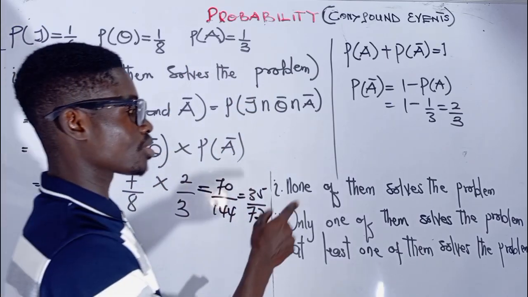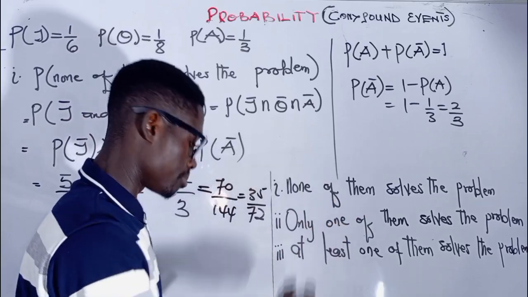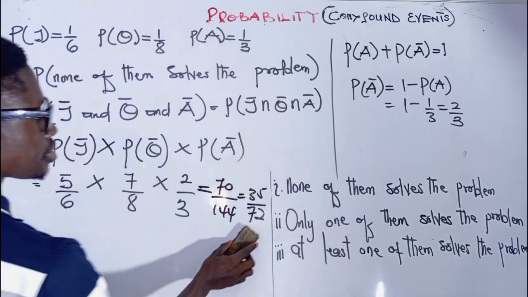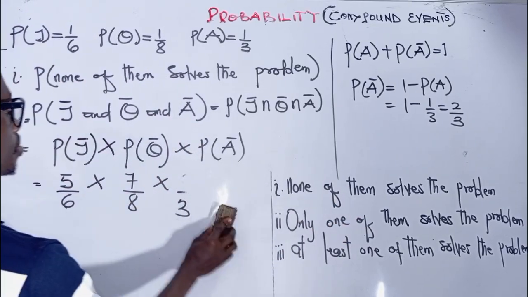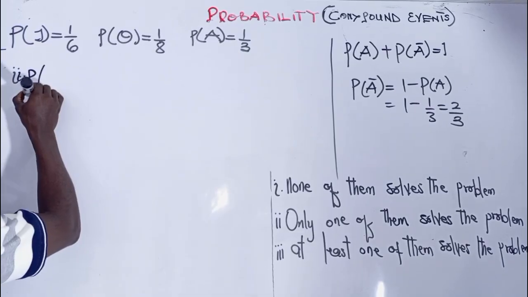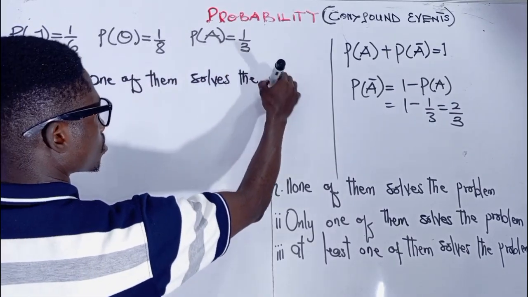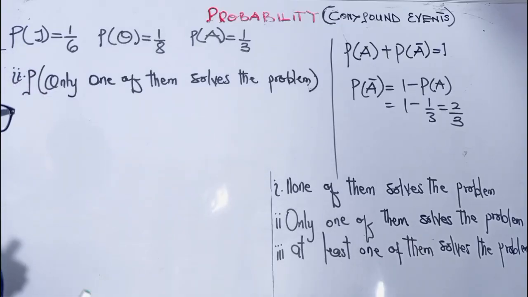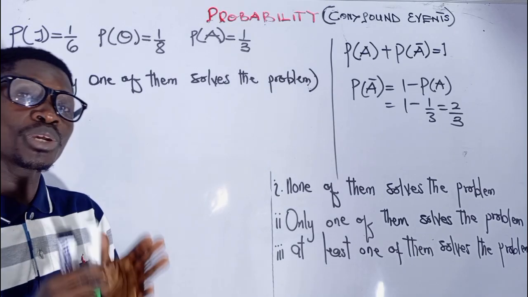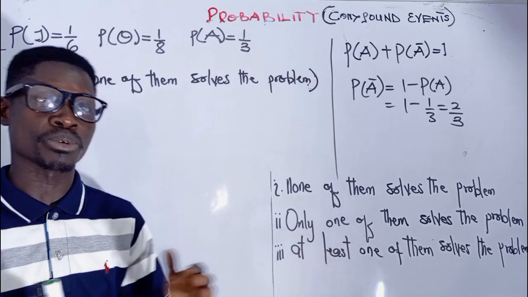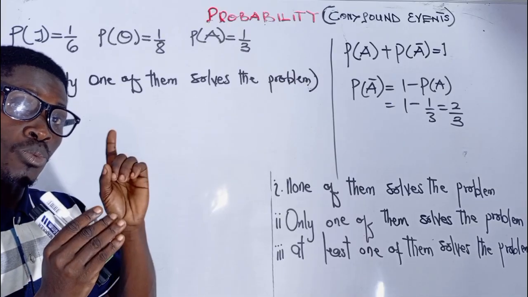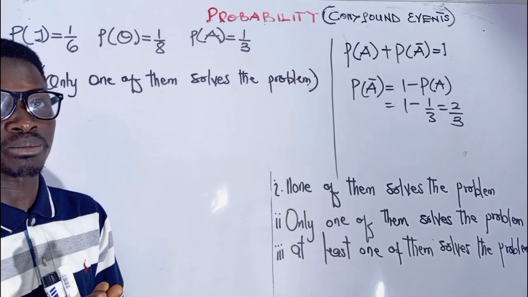Let's look at only one of them solves the problem. So we want to look at the probability that only one of them solves the problem.